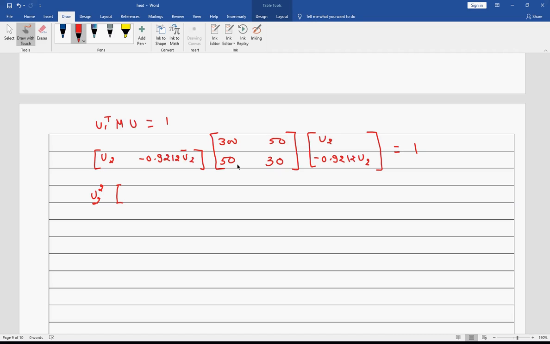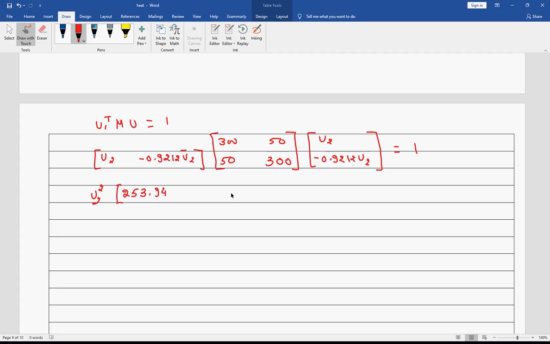So basically 300 minus 0.9212 into 50. So that comes around 253.94, and this into this, so this is 300.